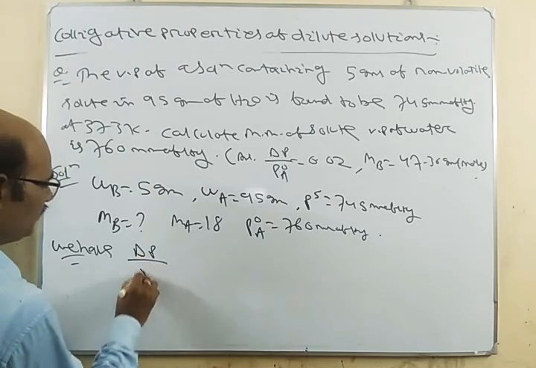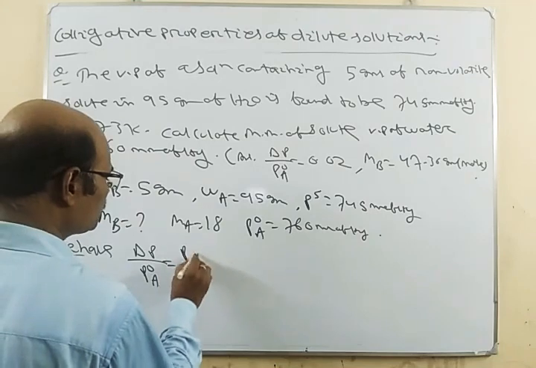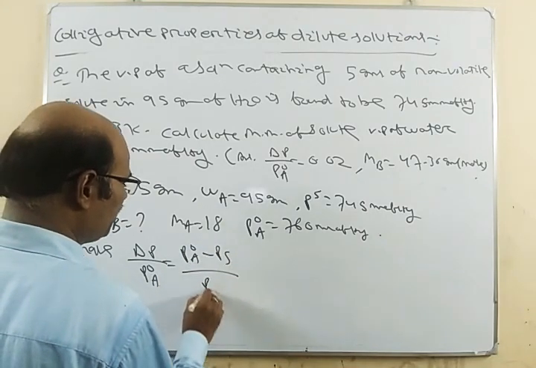So we have delta P by PA naught equal to (PA naught minus PS) by PA naught.